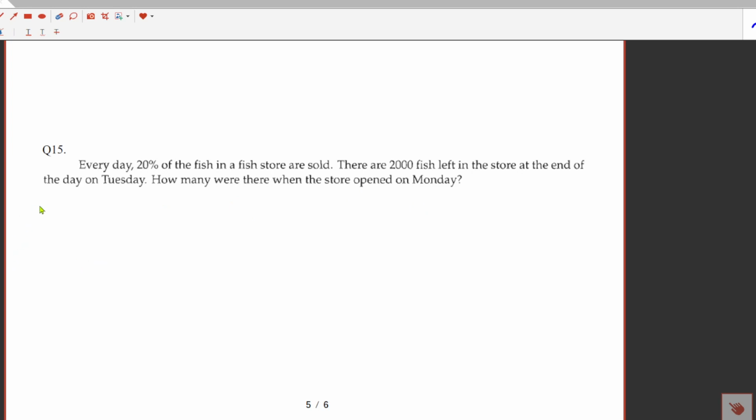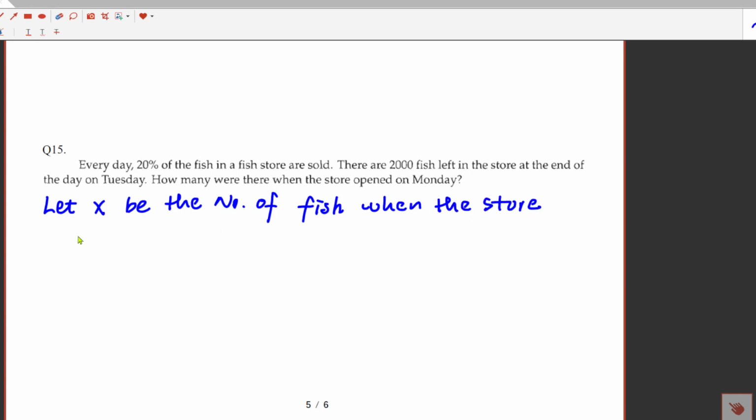So if we let x be the number of fish when the store opened on Monday.